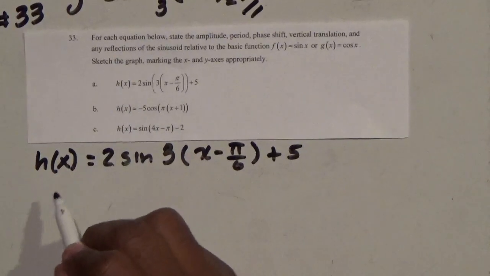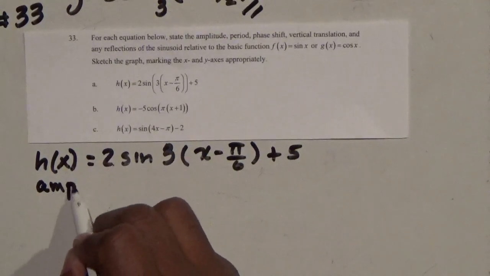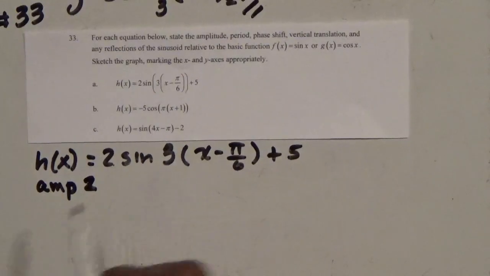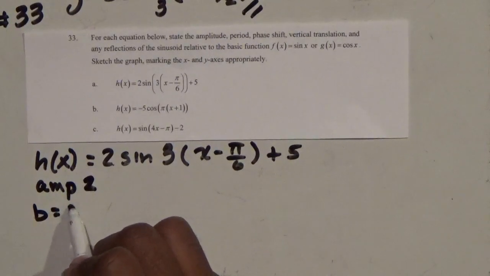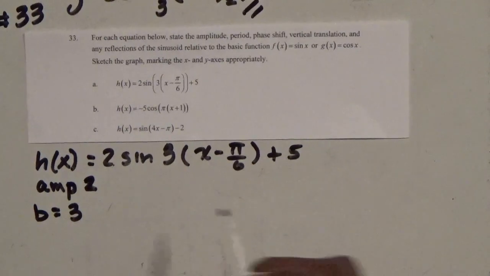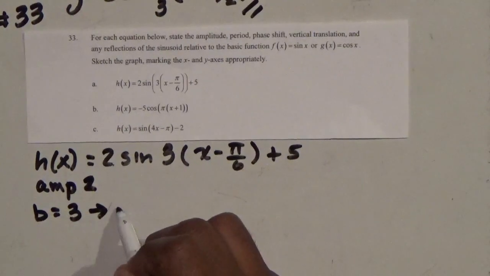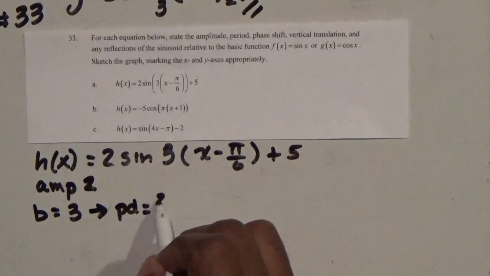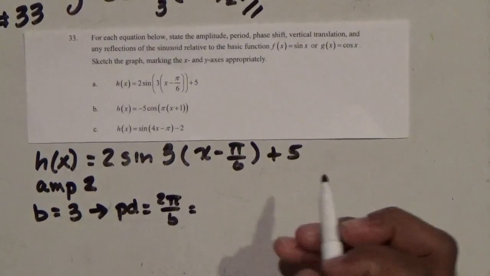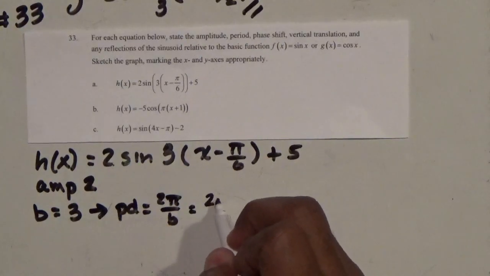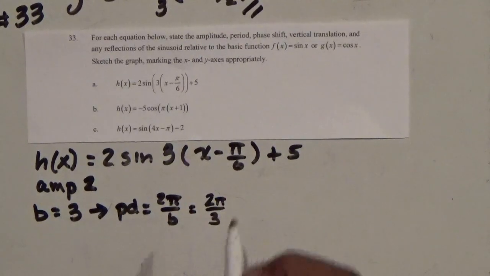Our amplitude is 2. Our B value is 3, and we want to change that to period, so period is equal to 2 pi over B, which is 2 pi over 3.